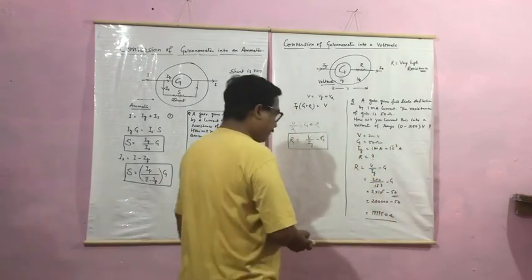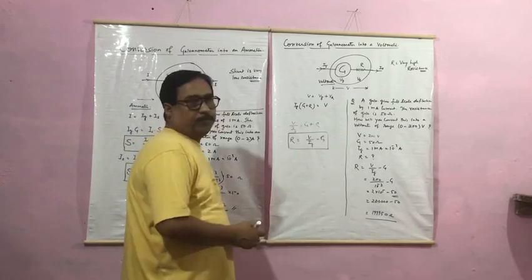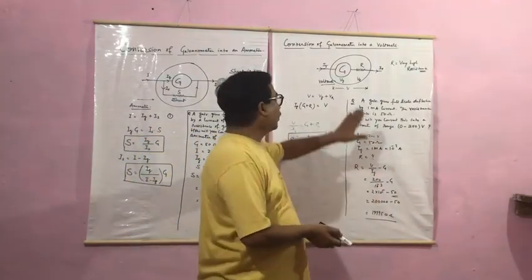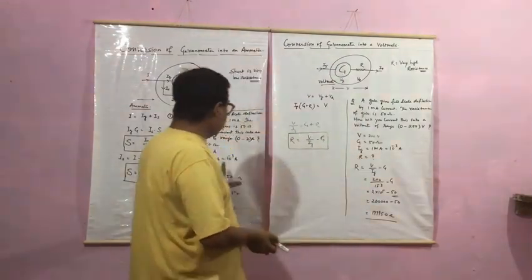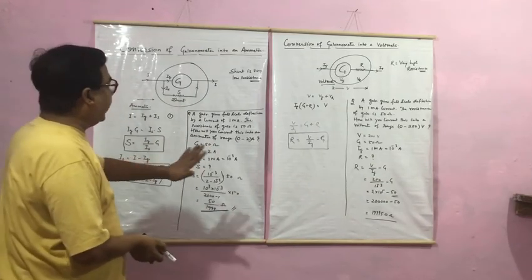This is 199,950 ohm. So we have to connect a very large value of resistance to convert this galvanometer into a voltmeter of specific range. So the two sample numericals are given to you with the formula and the concept.